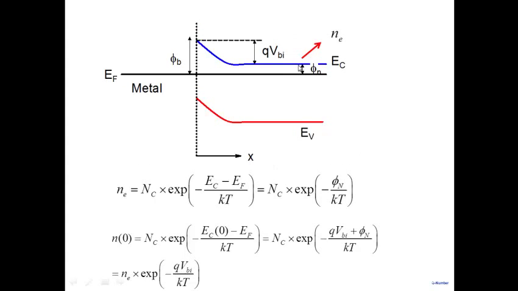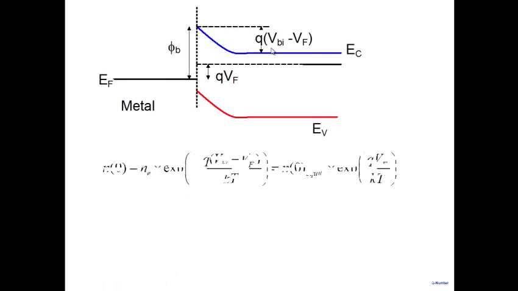What we are saying is, if I know the number of electrons here, number of electrons at this particular point is exponential minus the barrier height. Okay? So we are saying exponential minus QVBI minus VF by KT here. And so this gives us the number of electrons at the surface here will be number of electrons at the surface at equilibrium, enhanced by a factor exponent QVF by KT here.